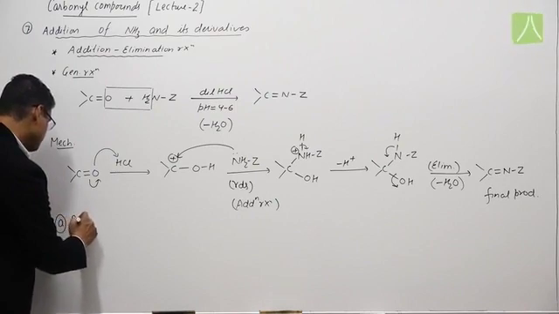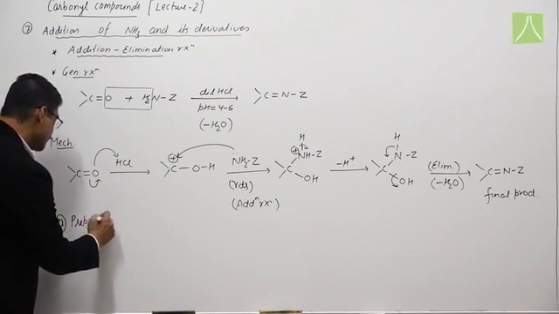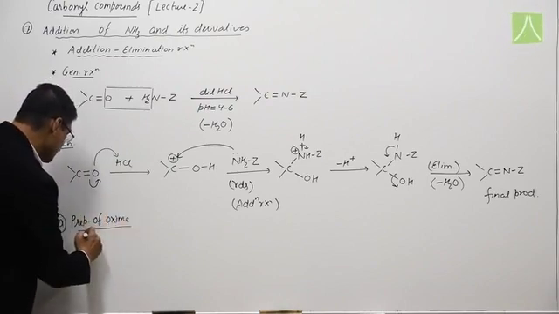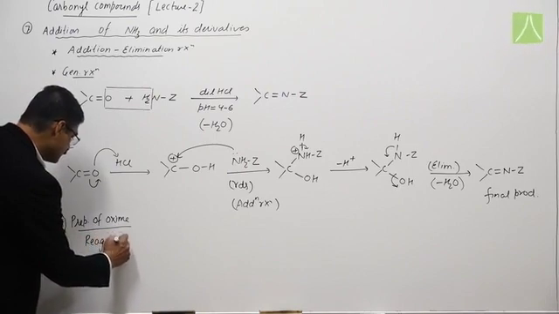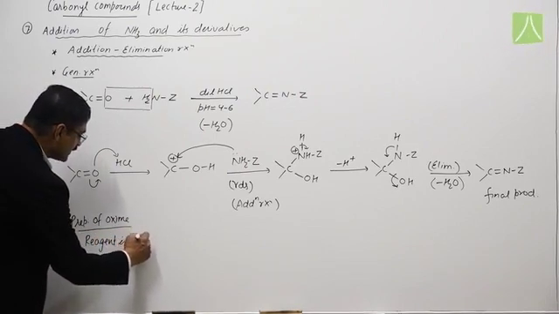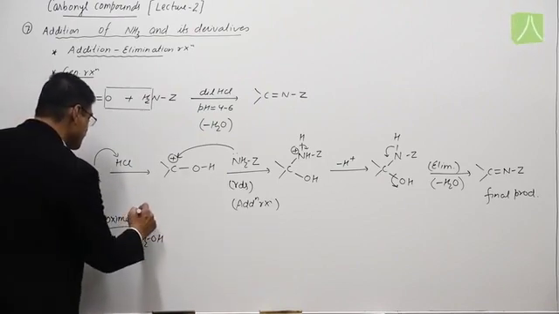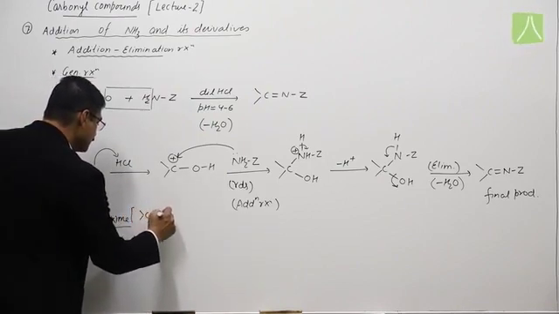suppose I take preparation of oxime. The reagent is hydroxylamine, NH2OH. Oxime means C double bond N OH.